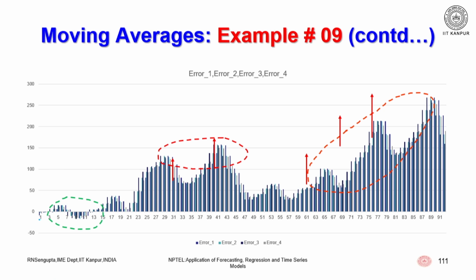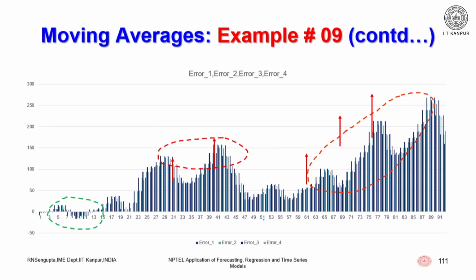For the time frame from 1 to 15, they are positive and negative. So, that means the addition of the errors would add up to 0. But for the time frame starting from 15 to about 50, the errors are all positive and it keeps increasing. So, obviously, it gives us the information that the moving averages calculation, which we want to utilize further to calculate and forecast, is not giving us the right result.